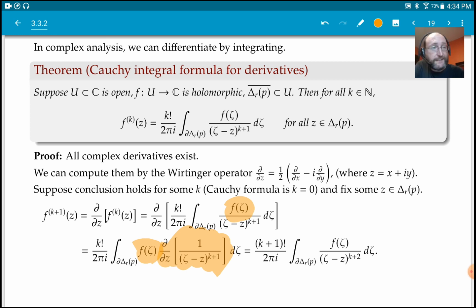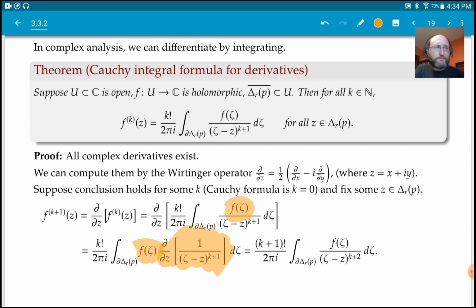And, well, that guy is holomorphic in z. It's just a rational function. It's just calculus, Calc 1. To take this derivative, it's just the power rule. If we take this derivative, we're going to get another k plus 1 coming out.